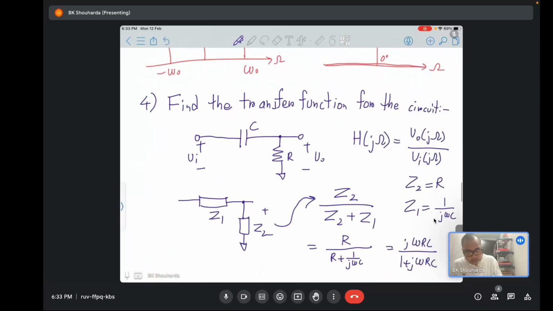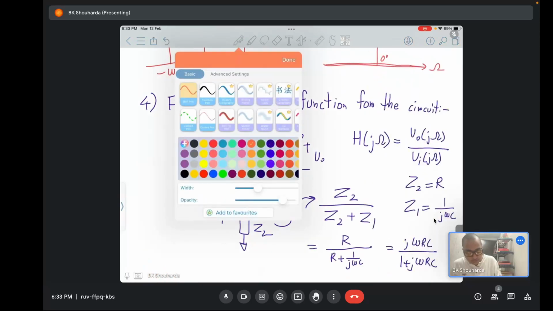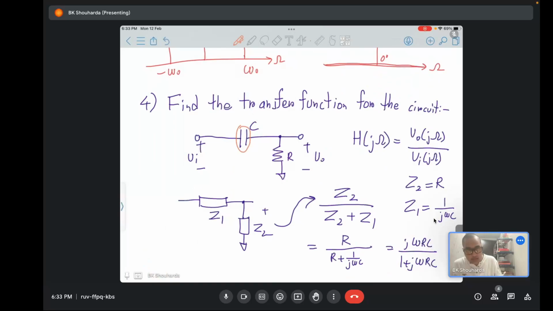If you look at this circuit, we have a capacitor. A capacitor provides very high impedance to a DC signal. If you give a DC signal, the capacitor will charge and it will not allow current to flow. We don't have any displacement current here.